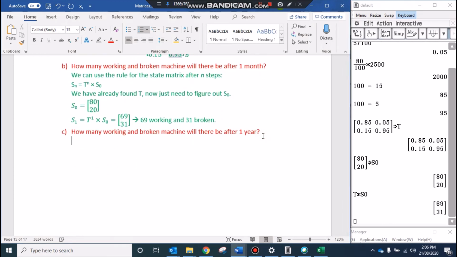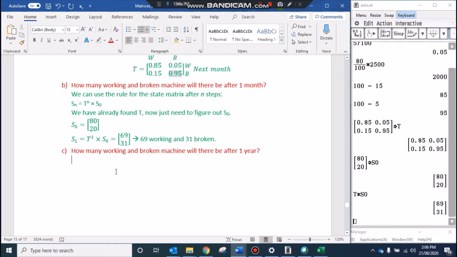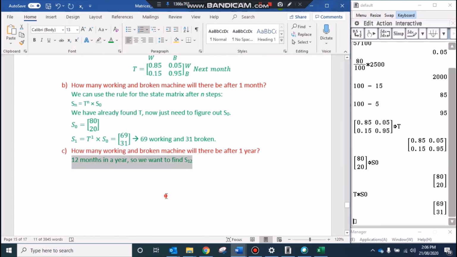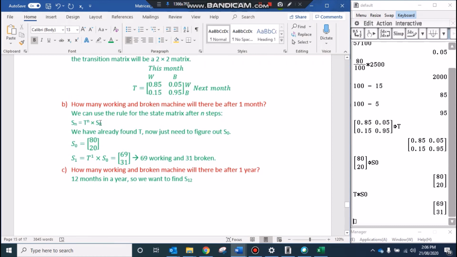And the third part of the question asks us, how many working and broken machines will there be after 1 year? Well, we know there are 12 months in a year, so we want to find S12. That's what we're trying to find. And again, we're just going to use this rule. So S12 will be T to the power of 12 multiplied by the initial state matrix.